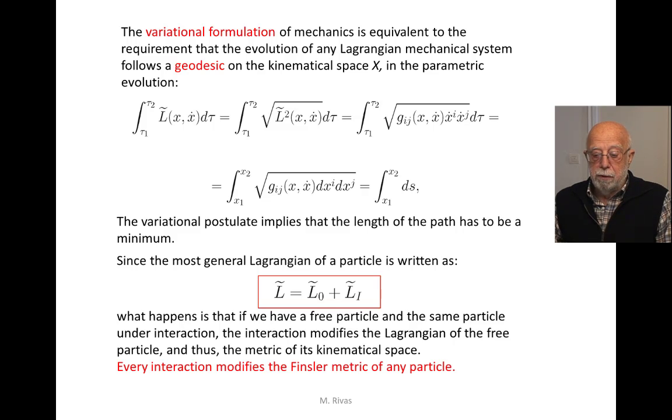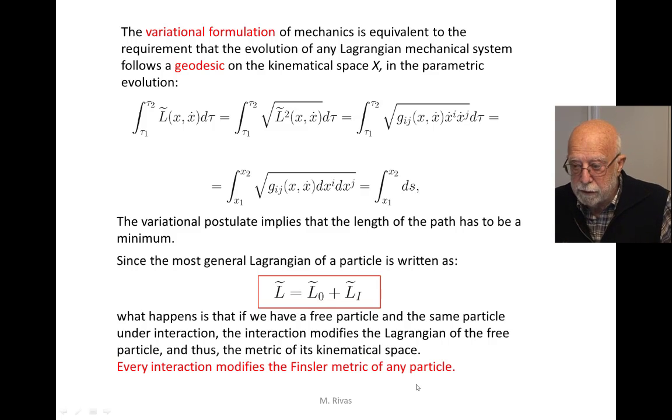Then it implies that the metric constructed from L tilde square is different than the metric constructed from the L0 square. Why? Because the introduction of the interaction Lagrangian modifies the metric of the free elementary particle. This means that every interaction modifies the Finsler metric of any particle.